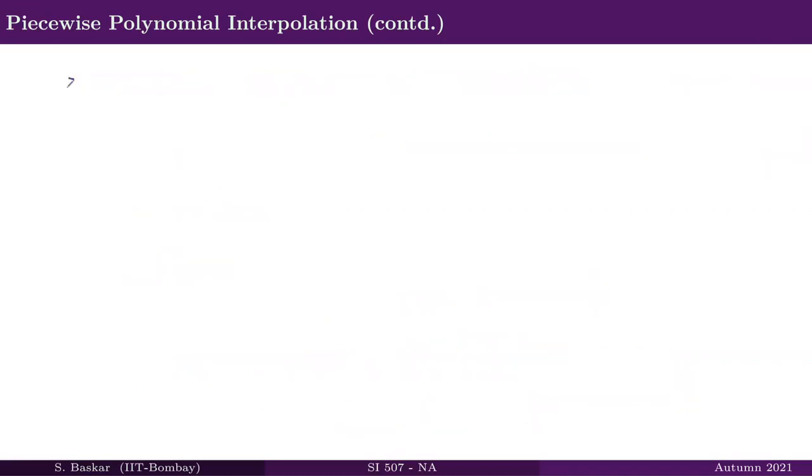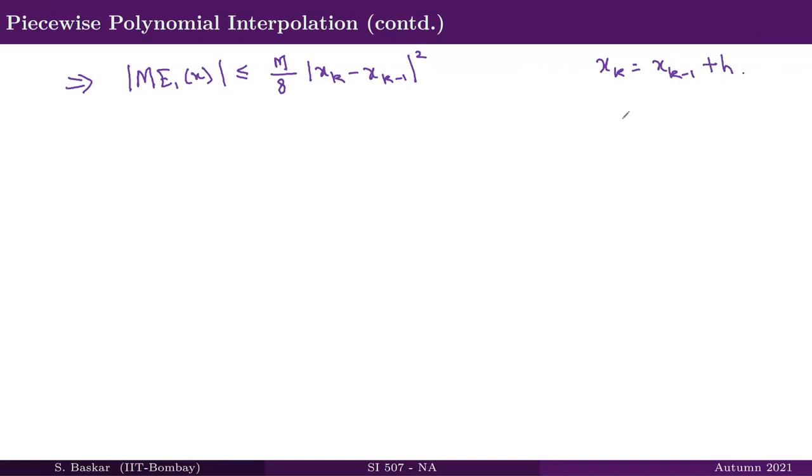So that gives us that mod ME1 of x is less than or equal to M by 8 into mod (xk minus xk-1) the whole square, right? We have taken xk as xk-1 plus h. Well, we have written xk is equal to a plus kh, but that precisely comes from this expression, right?